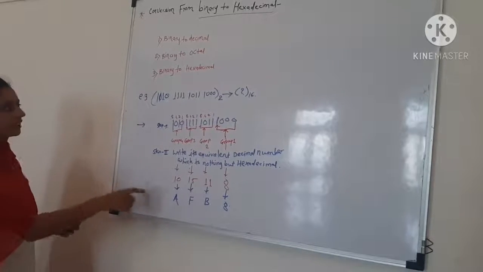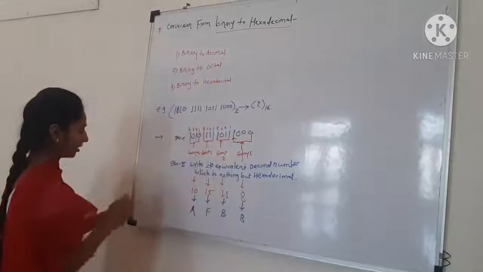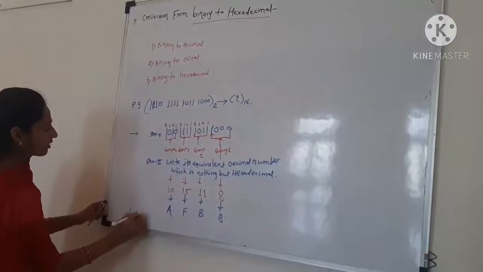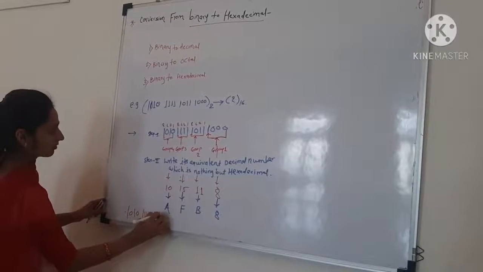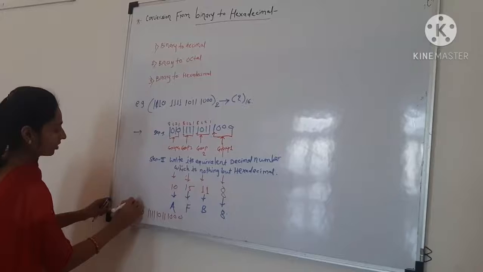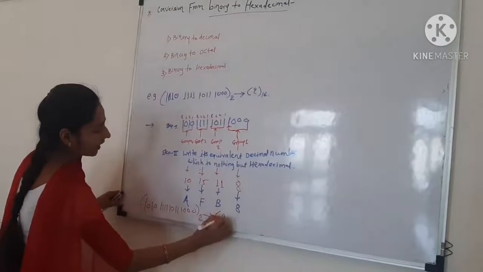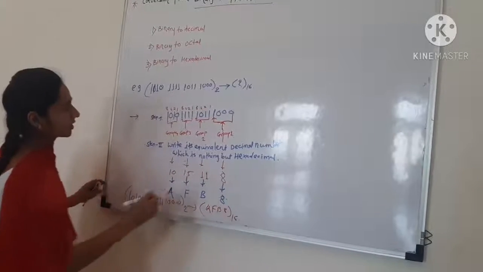So this is our answer for this binary number's conversion to hexadecimal. The final answer is 101011111011 1000 to the base 2, and its hexadecimal conversion is AFB8 to the base 16.